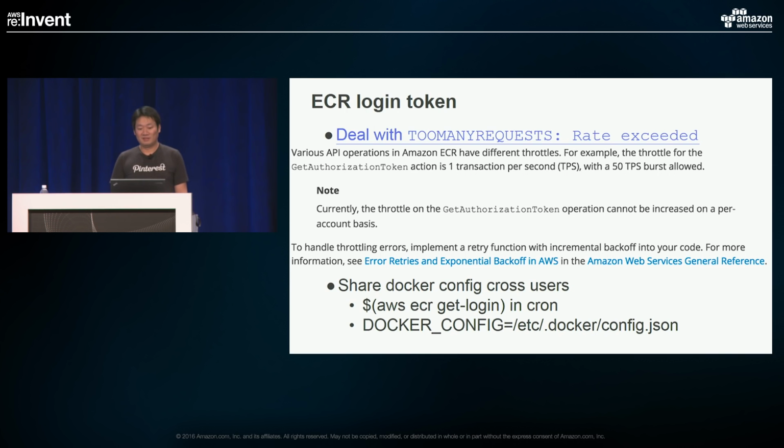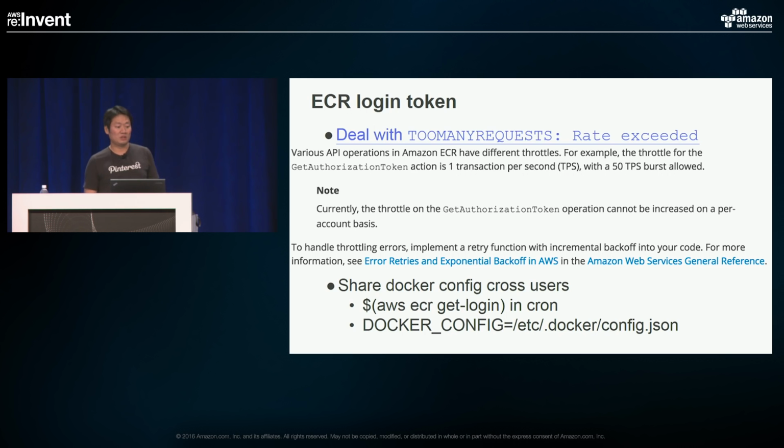So we were stuck there, and fortunately from CloudTrail, we could find the source, identify the instance, and kill the shell script. Then we got it resolved. Soon after, we switched to a cron script running on every host to execute this command, and don't allow people to execute this get-login command ad hoc.